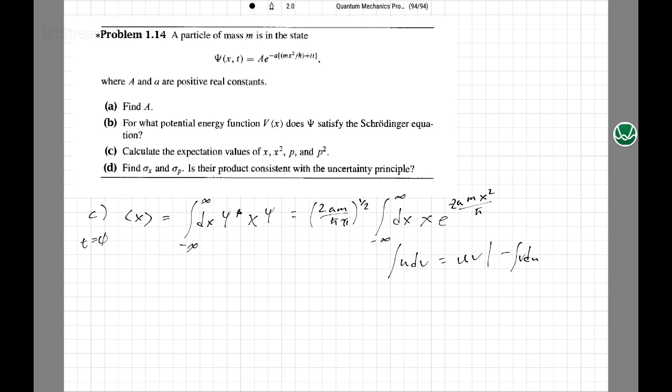The other thing that you can do is you can first do a u substitution and then do integration by parts, and that's a little bit more successful.